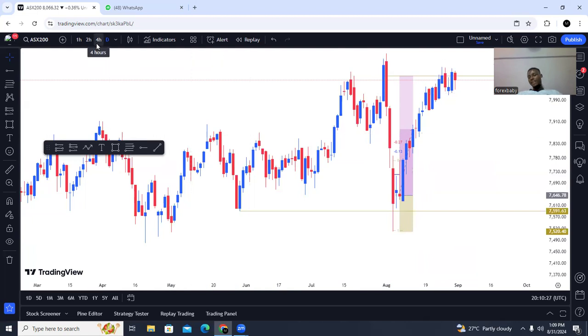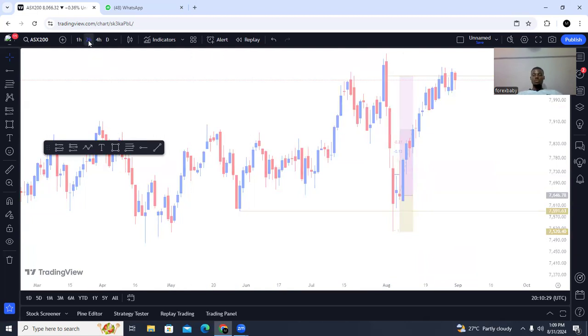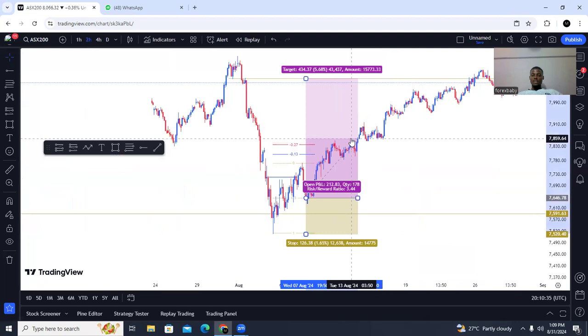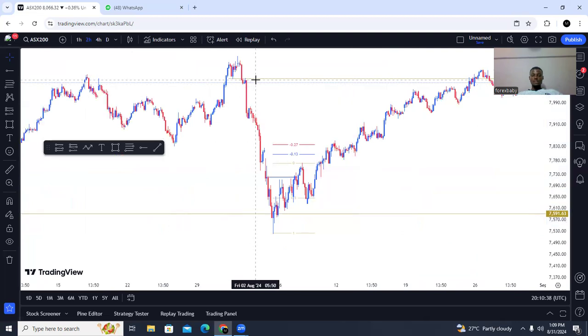So I won't just enter immediately. I'll go to lower time frames to look for confirmation entries. So let's see. Now in this trade, let's delete everything here.